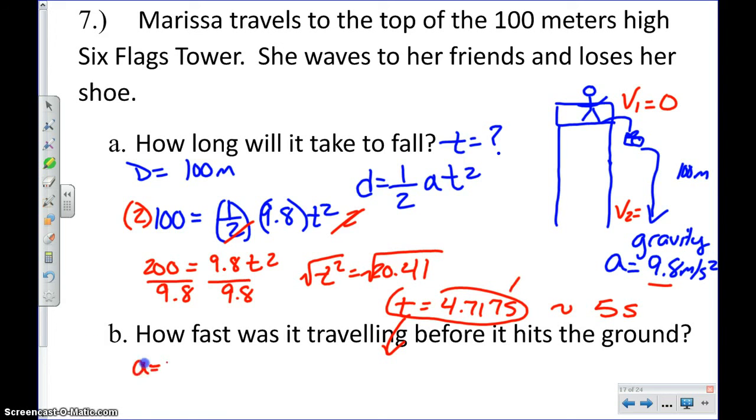So A equals V2 minus V1 divided by T. I know that this is 9.8. And it's actually negative 9.8 because it's towards the ground. And then it's going to be V2 minus initial velocity.